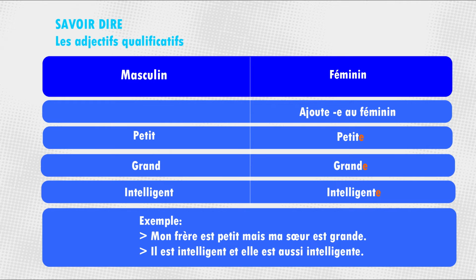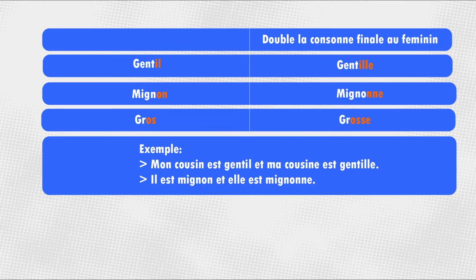You use intelligent because you are talking about he, but you use intelligente with the E because you are talking about she. That is the first variation of adjectif qualificatif, qualitative adjective. Now, let's look at the second variation.